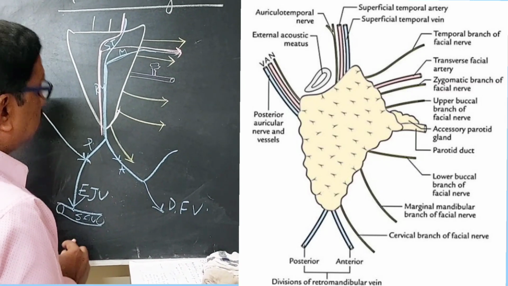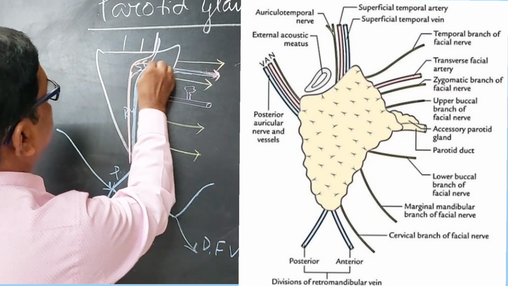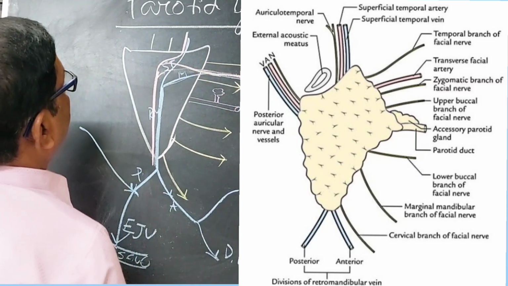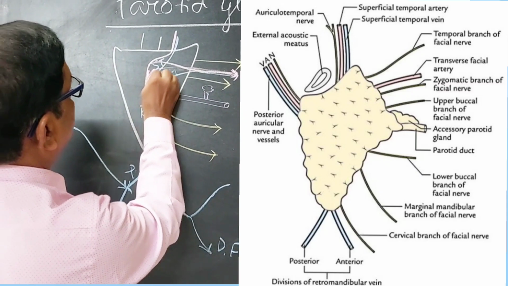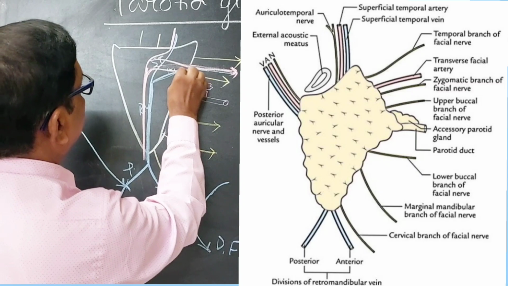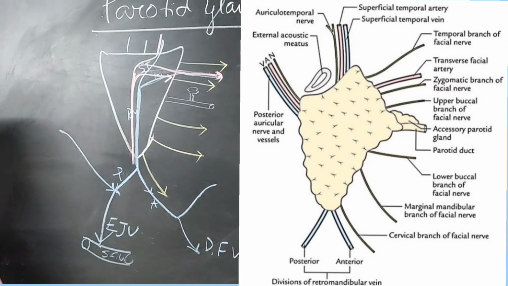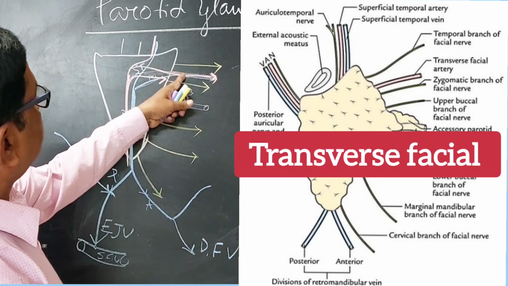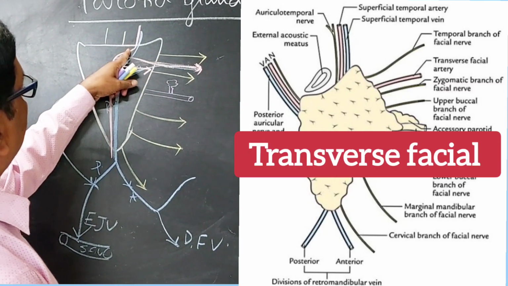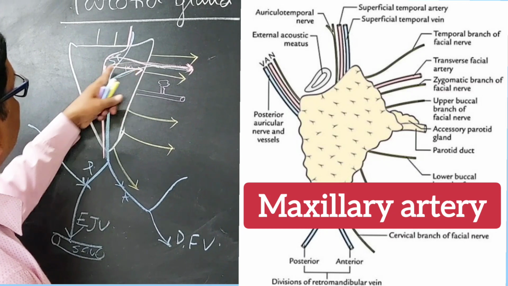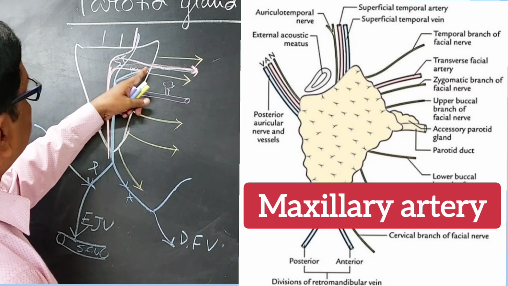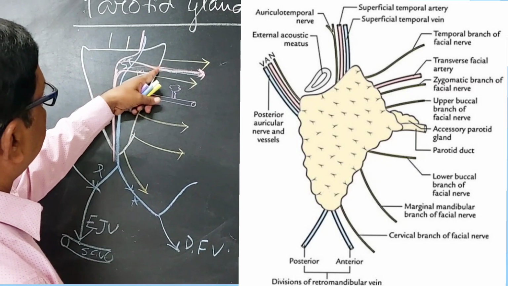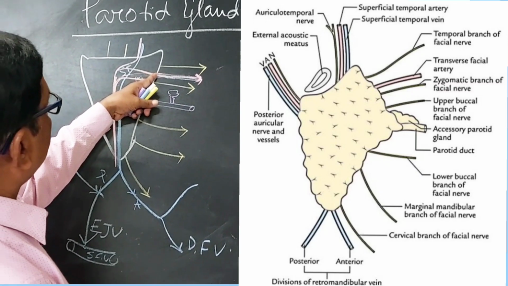That branch is the transverse facial artery, which is the branch of superficial temporal, and maxillary artery also passes through the anteromedial surface. So anteriorly two arteries, one transverse facial artery, branch of superficial temporal artery, and maxillary artery, branch of external carotid artery. This artery passes through the anteromedial surface, and this artery passes through the anterior border or just deep to the anterior border.